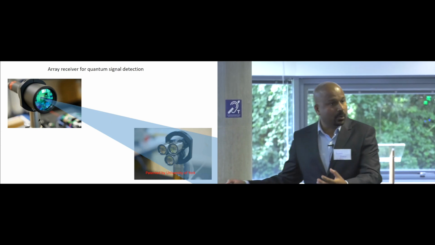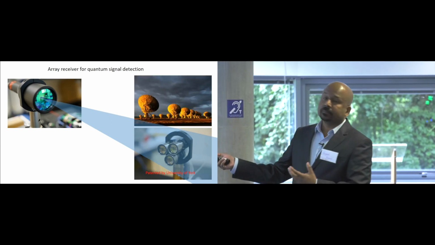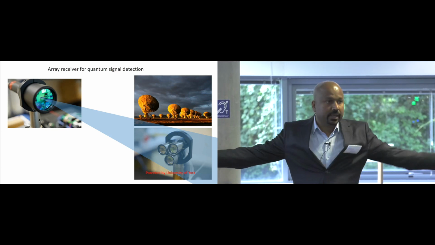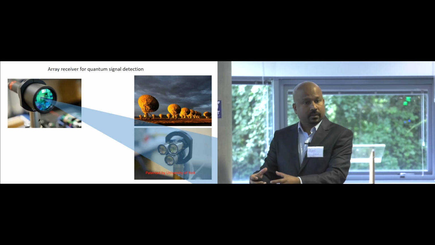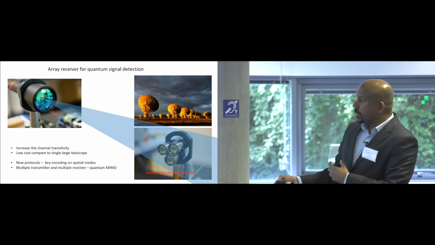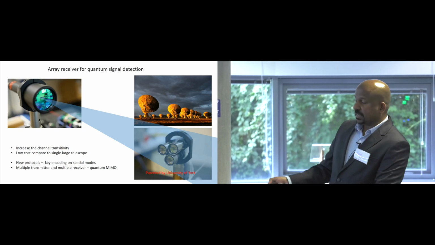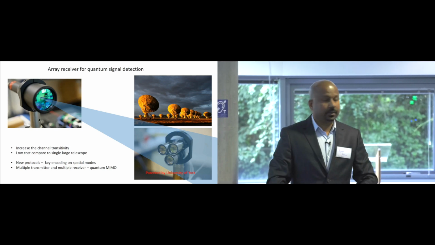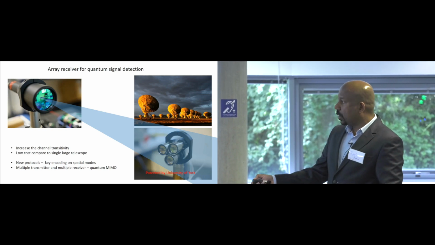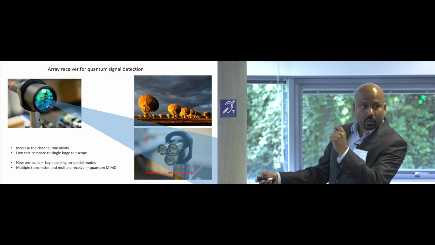You can collect much more light, and this works like an array of radio telescopes. You have a giant telescopic effect, but with small telescopes. The good thing is it increases the channel transmittivity. It is low cost compared to a bigger telescope, and it generates new protocols, like you can encode data on different spatial modes of the light.